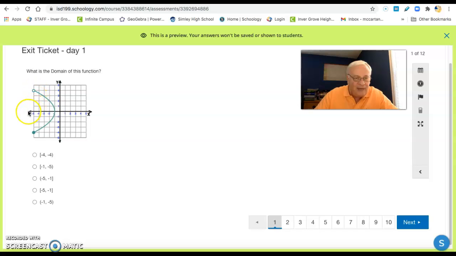But -5, when you look at the x-axis, is included right there. And the x points go up to -1, and that's included as well. So this is how wide it is: -5 to -1. It includes both of them.